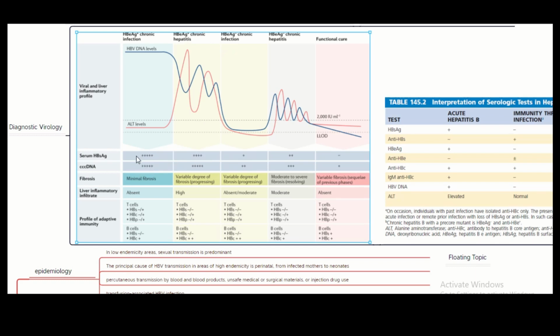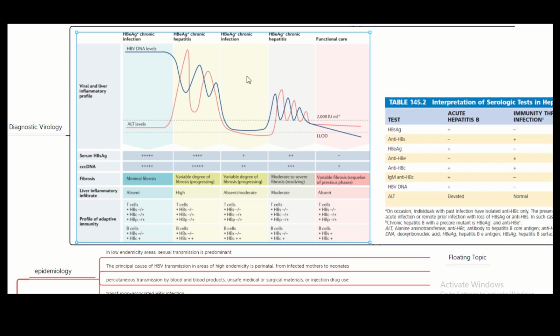This mutant type of virus keeps a low immune profile. That's why we will have moderate or absent liver inflammation. And the degree of fibrosis is moderate, but it will always be progressing. That's what makes it more dangerous than the other type.